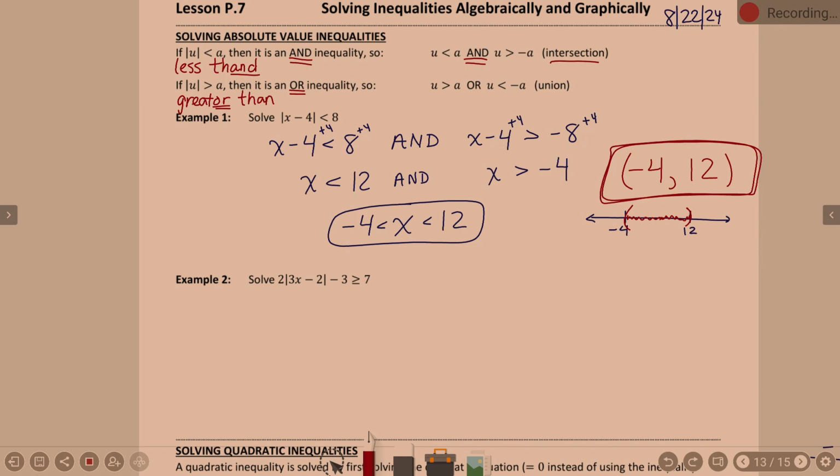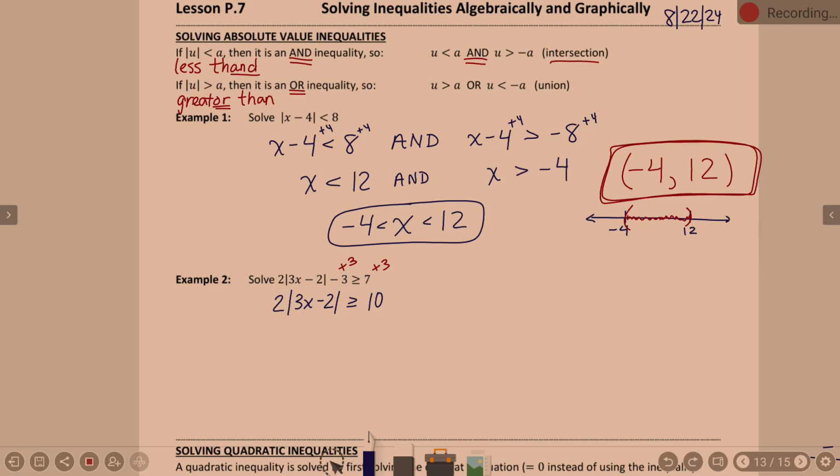Is my absolute value by itself on the left side of this inequality? No. So think of it. It's 2 times something minus 3. What are the steps I take to get that absolute value by itself? Add 3 and divide by 2. That's what I'm looking for. So we're going to add 3. If I add 3, I now have 2 times absolute value of 3x minus 2 greater than or equal to 10.